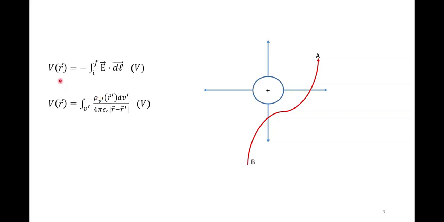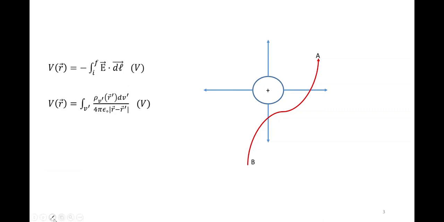In the laboratory we can easily measure the voltage. Using voltage, we will then be able to measure the electric field. So we have to convert this integral form of potential in terms of electric field to differential form. For this purpose we are going to use the concept of potential gradient.